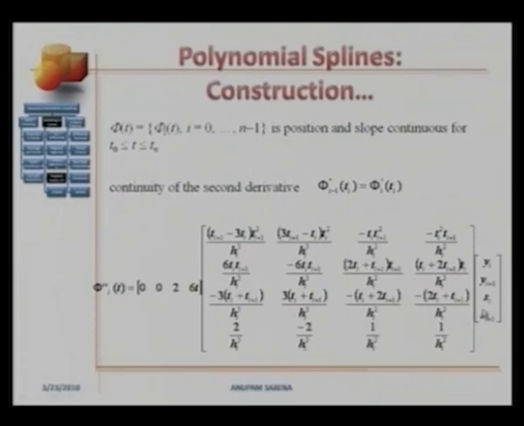These two matrices are constants in differentiation. All I need to do is plug in this expression here in this equation for value t equals ti for both the i minus 1th cubic segment and the ith cubic segment, and figure what that relation would look like.